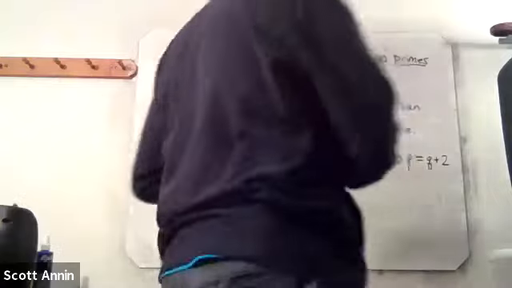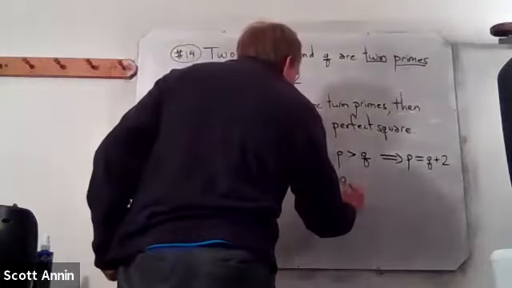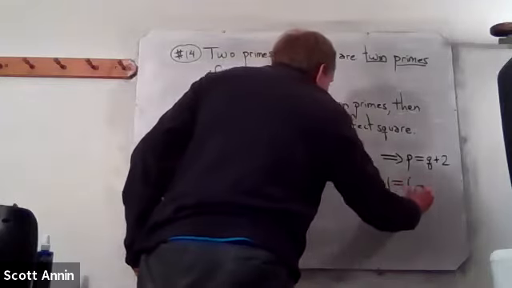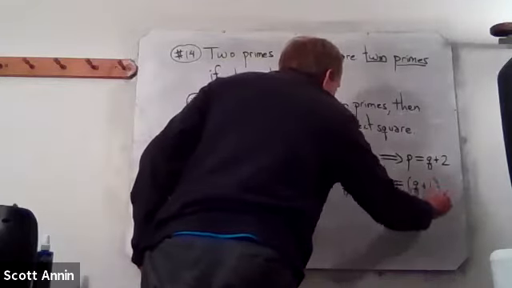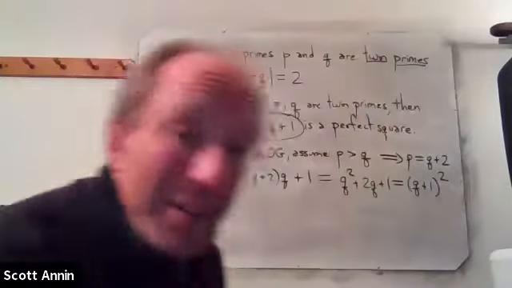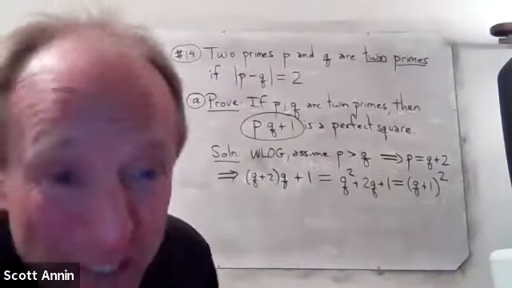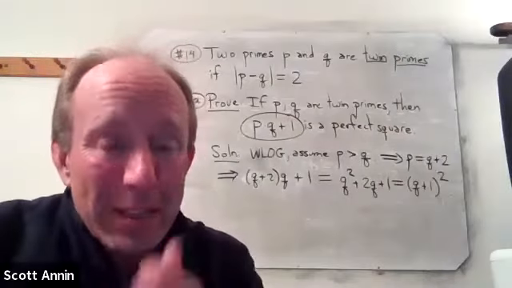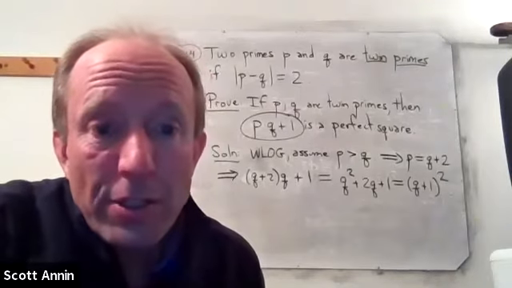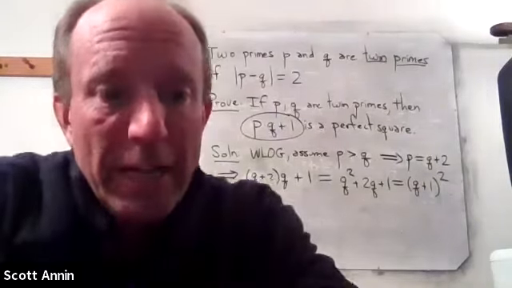If I multiply this out, I get Q squared plus 2Q plus 1. That does look familiar. That is actually just Q plus 1 squared. So it is a perfect square. So this certainly works just fine.